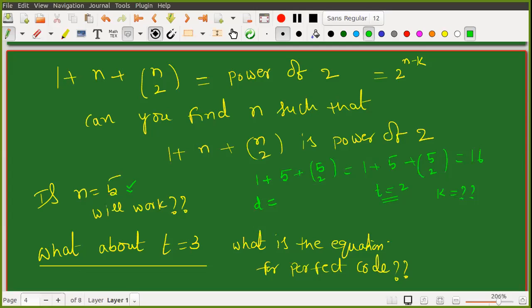N equal to 5 is working. K is 1. How do you know k is 1? Shruti: Sir, because it is 2 raised to n minus k, and n we took as 5, so 16 is 2 raised to 5 minus k. That way you told, but I want to tell in a different way. Let us see.